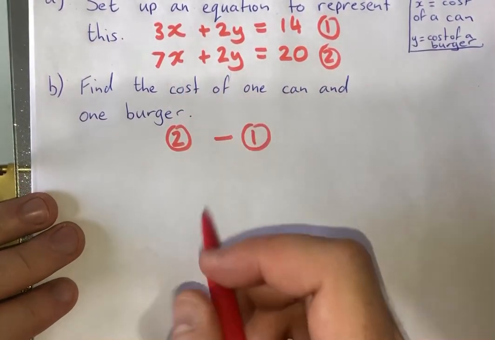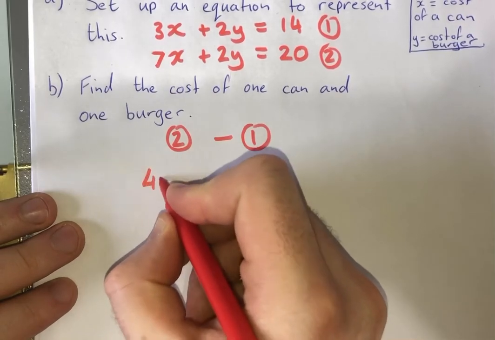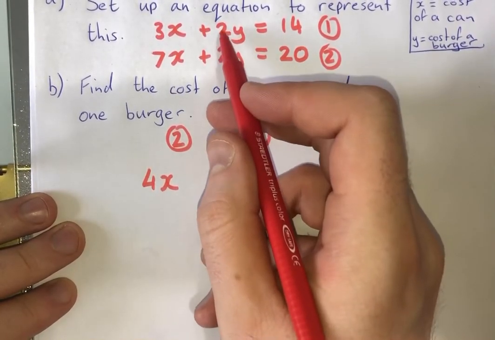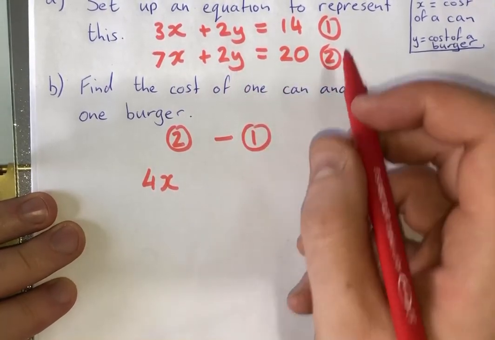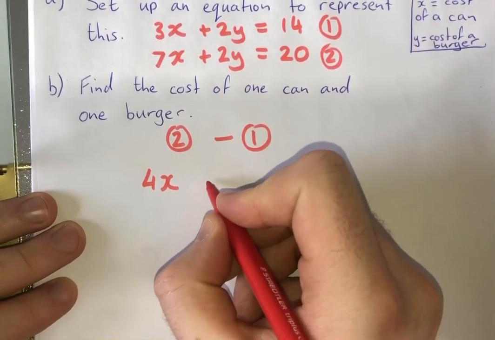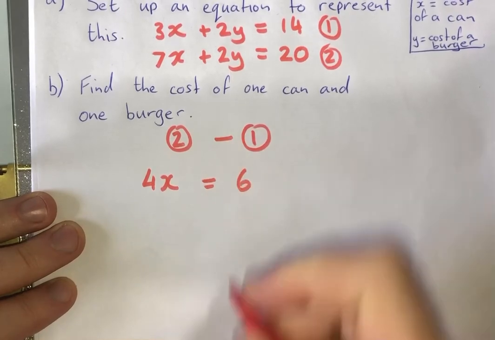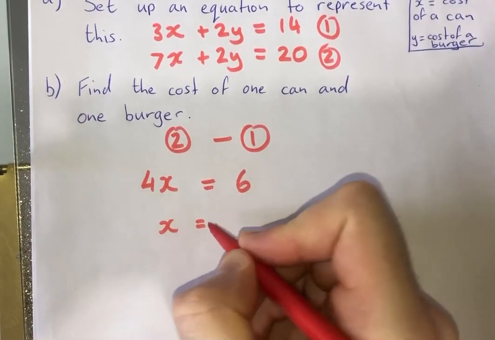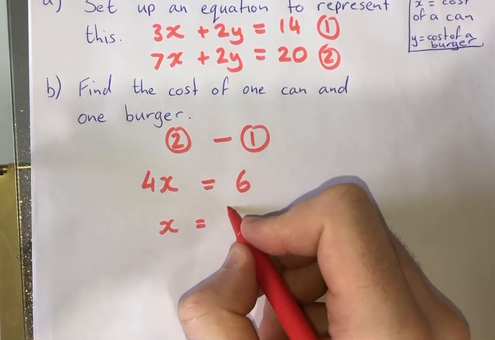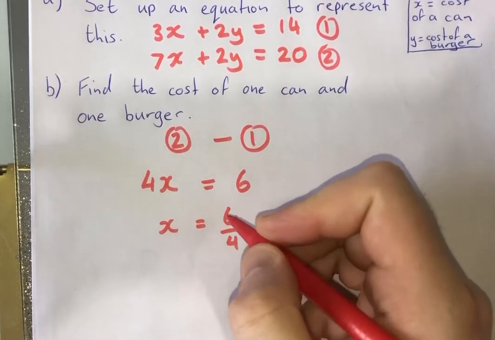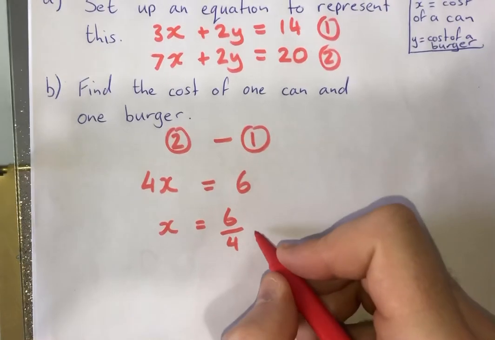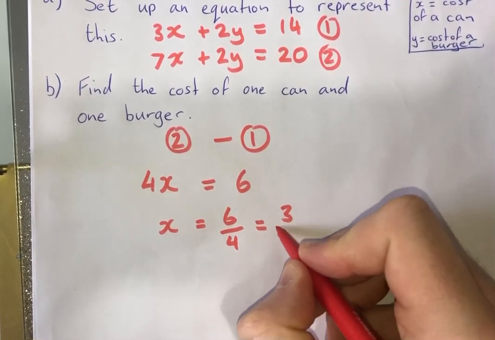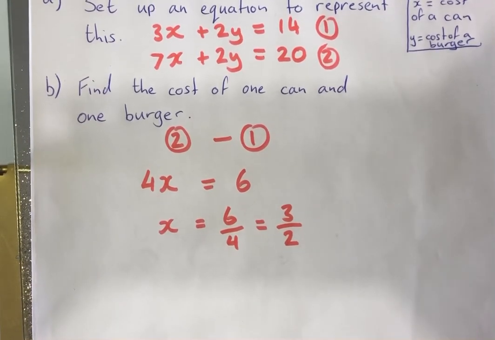So 7x take away 3x is 4x. 2y take away 2y, eliminated. And 20 take away 14 is 6. So we have x is equal to 6 over 4, okay, which is equal to 3 over 2.